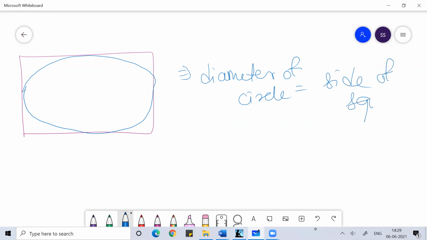Remember the relation. The side of the square is a, so this is equal to the diameter of the circle.